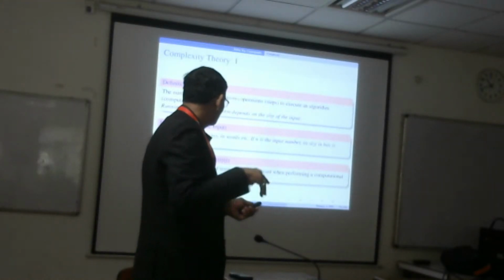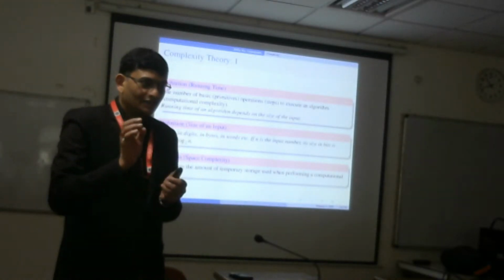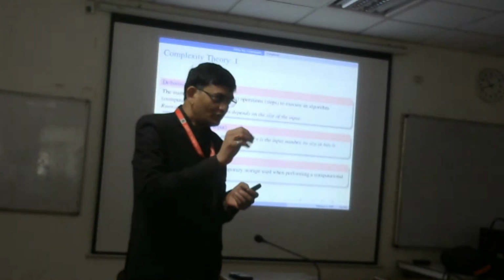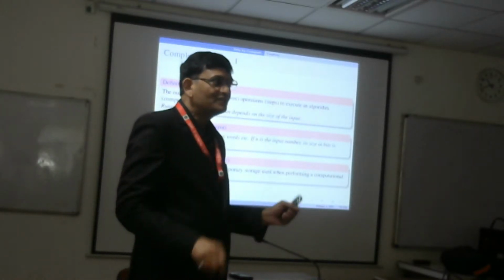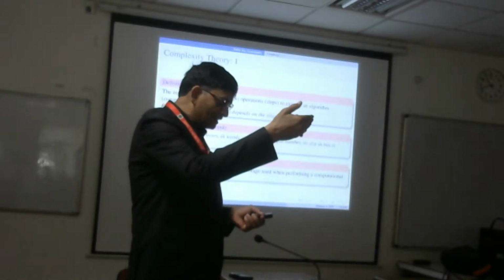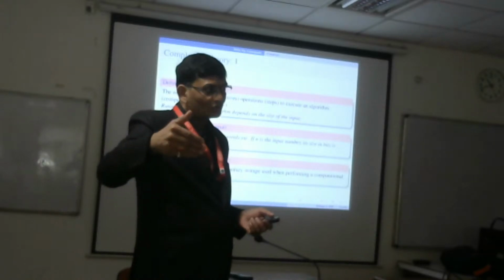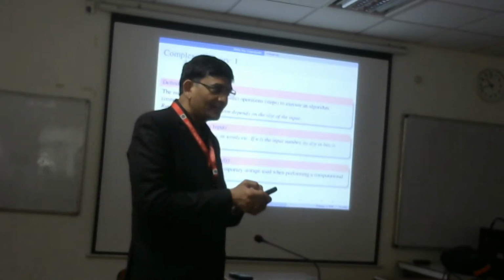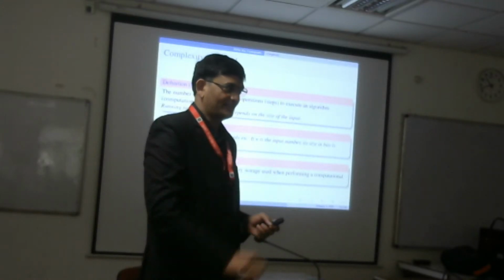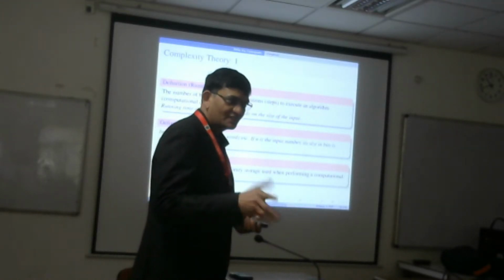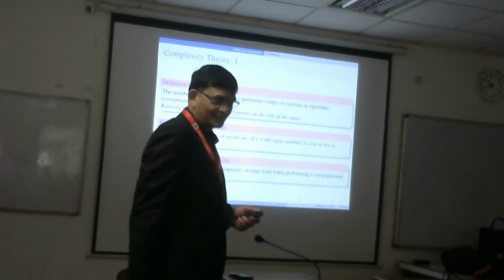Now what is the complexity of this multiplication algorithm? Suppose we are given two numbers, n and m. We take the sizes: log 2 n, and the size of the other number is log 2 m. The total number of multiplications is log 2 n into log 2 m. This is the complexity. Suppose n is higher than m, so you can say order of n square.